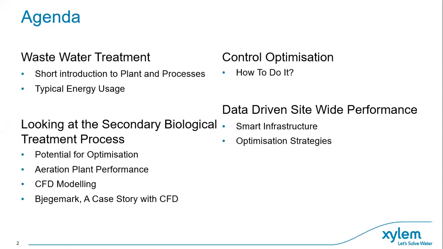We'll cover a little bit first on an introduction to wastewater processes and plants, and then move on to the secondary wastewater treatment process, the biological treatment process, different ways in which you can design and take advantage of systems, and then looking at control optimization and smart performance using data through the system.